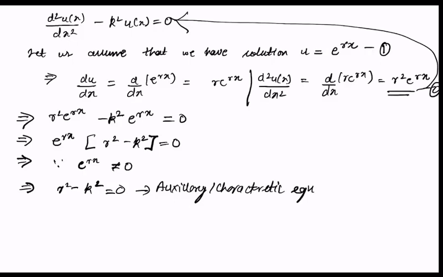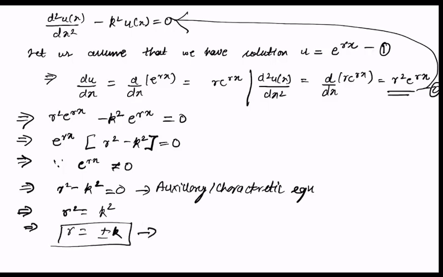So now we'll just solve this characteristic equation. The solution will be r square is equal to k square. Therefore, r is equal to plus minus k. So we got two roots of this auxiliary equation, and that is plus minus k.